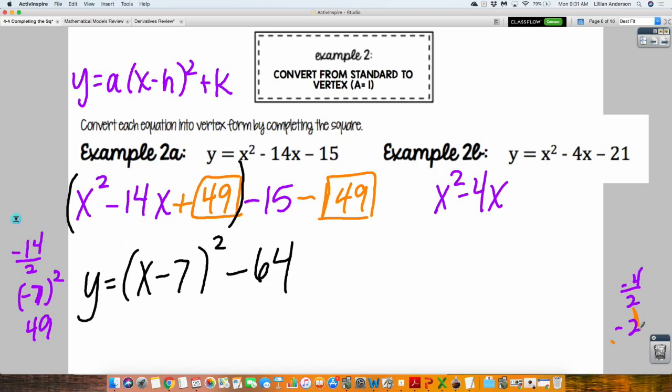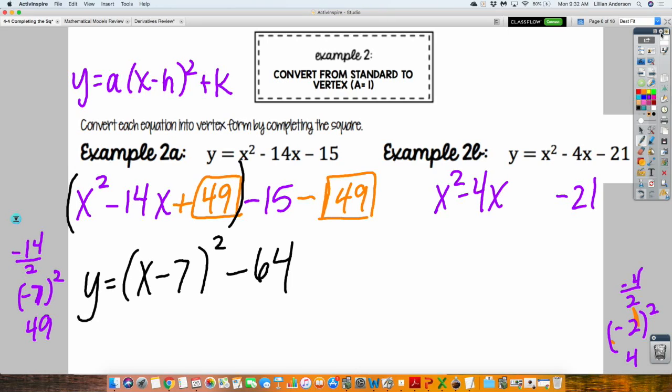What's negative 2 squared? 4. That number gets added to x squared plus bx. Do I add it or subtract it here? I add it here, but I subtract it here. So I'm going to add 4 here, subtract 4 here.